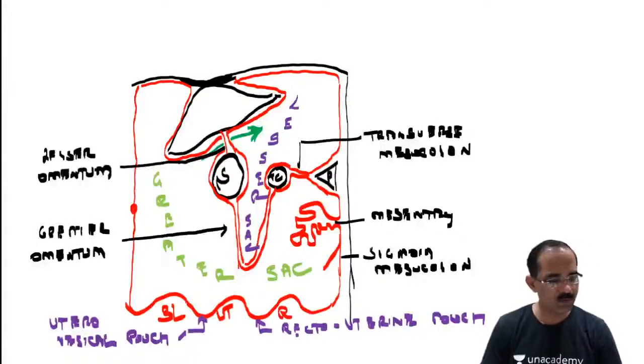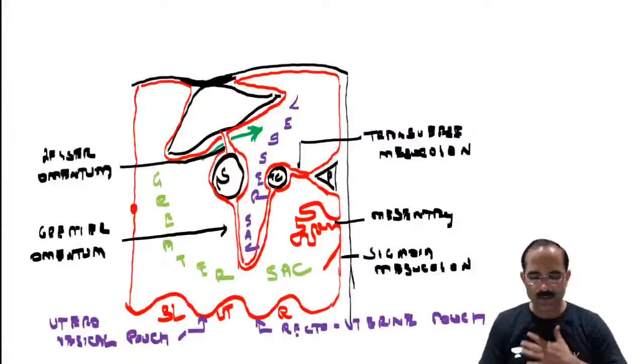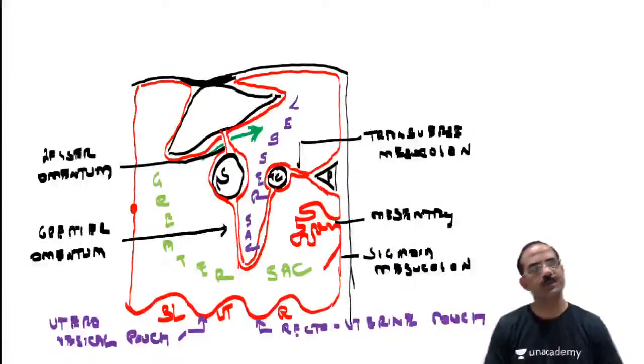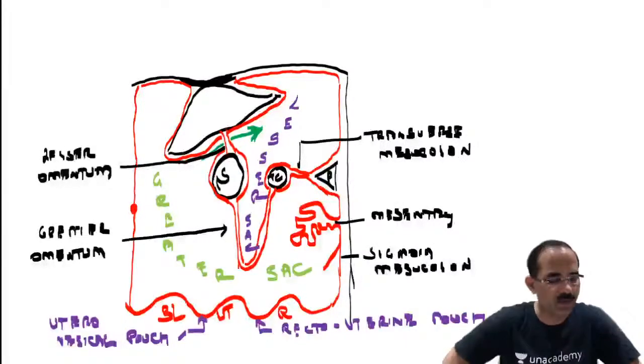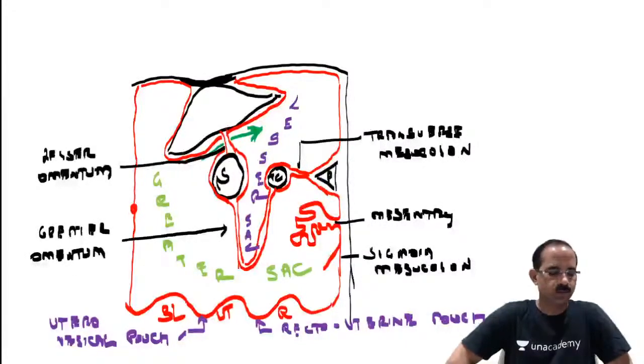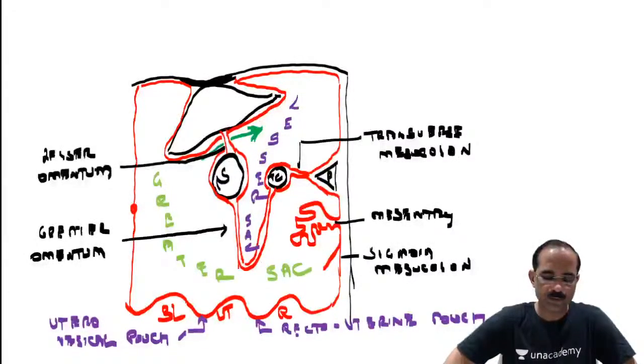Now, recto-uterine pouch is the pouch of Douglas, and the rectovesical pouch. So, that's the slide. And that's the epiploic foramen. Epiploic foramen. I hope this is clear to all of you. Any doubts? Okay, very good. I'll proceed.